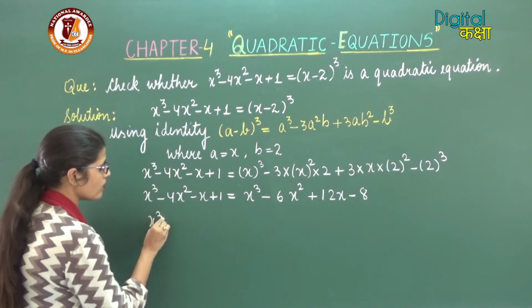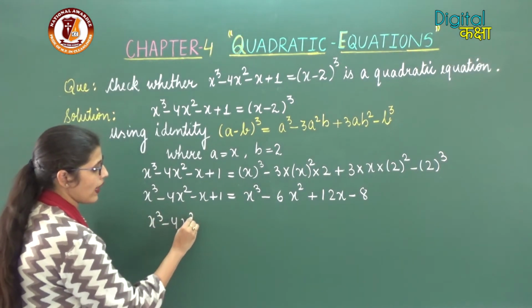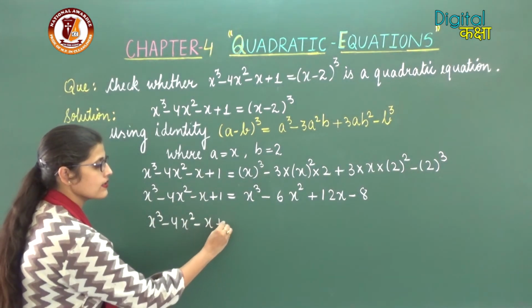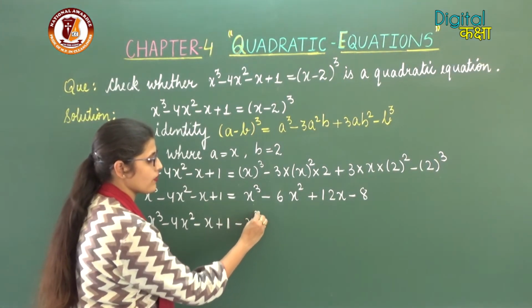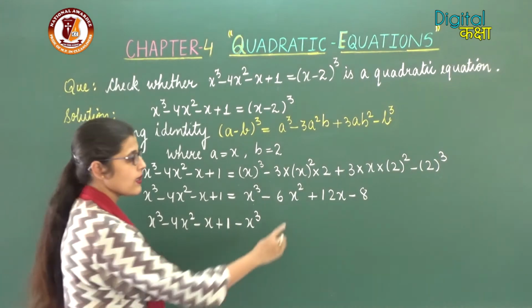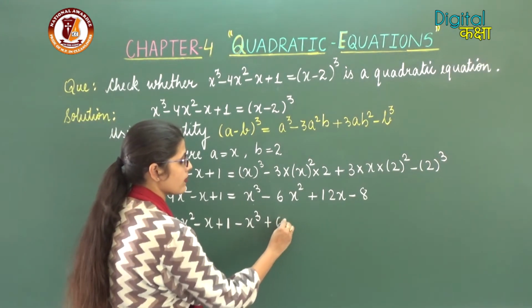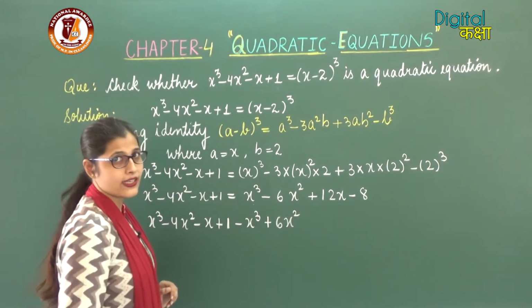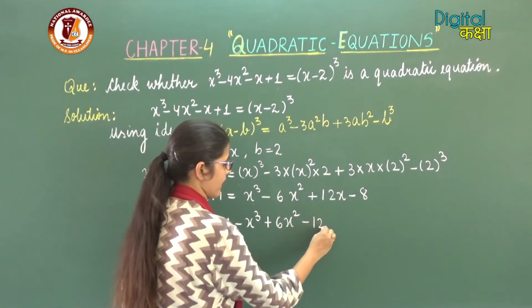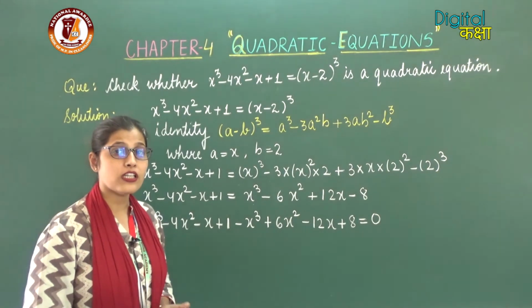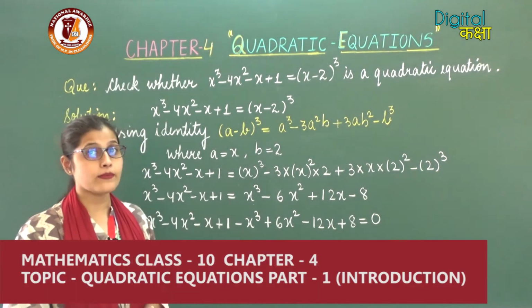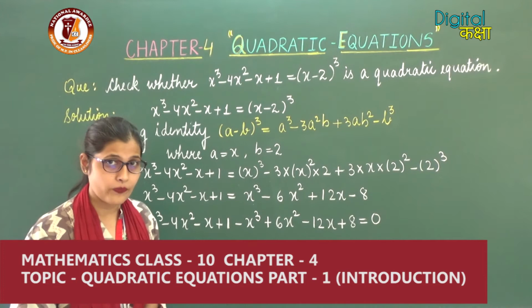So, x cube minus 4x square minus x plus 1. When this is shifted to the left hand side, it will become minus x cube minus 6x square will become plus 6x square minus 12x and plus 8, and the overall left hand side will become equal to 0.